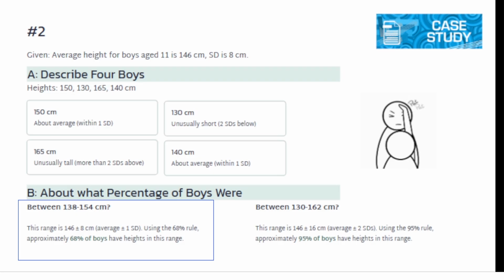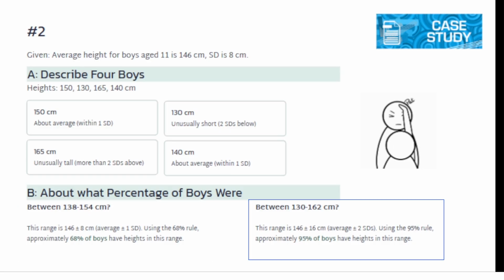So when you convert this range to the average and the standard deviation terms, it's the average plus or minus 1 standard deviation. So using the 68%, 95% rule, you remember that 68% of the data fall within 1 standard deviation. So this is the answer. Approximately 68% of the boys have heights in this range.